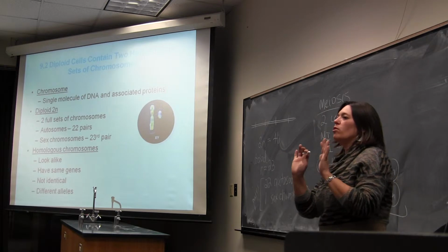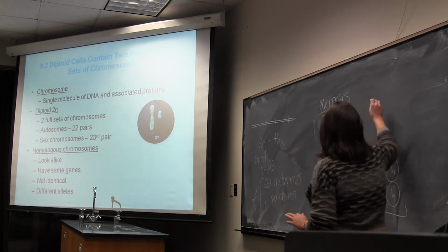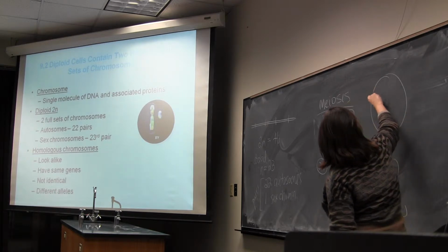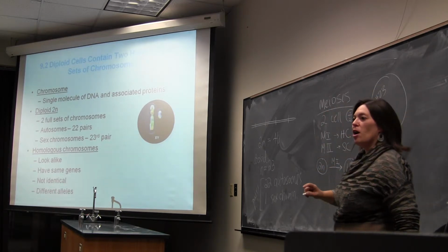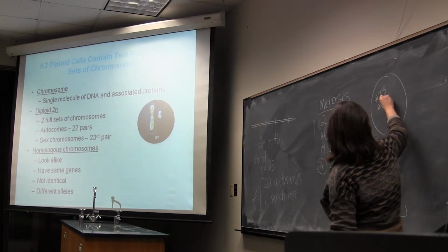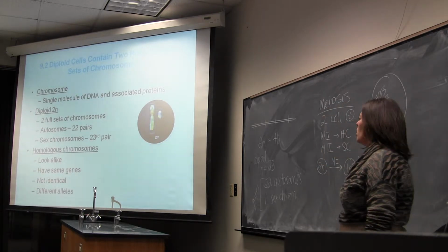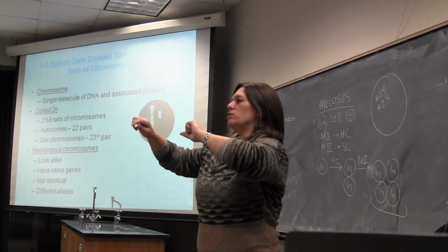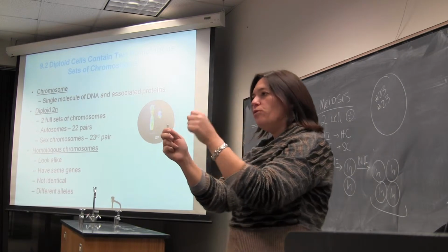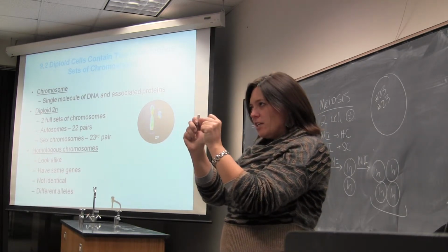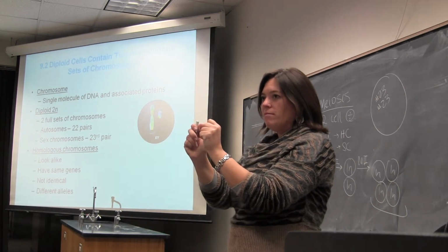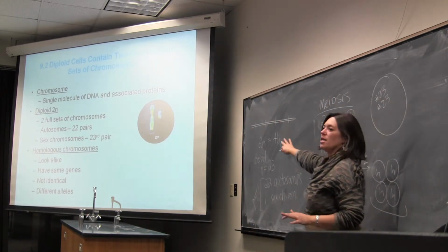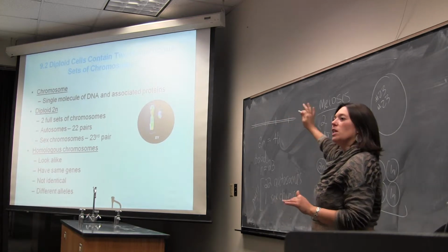And in those 46 chromosomes, remember we're starting with DNA from mom and dad. So that means we've got 23 chromosomes from mom and we've got 23 chromosomes from dad. Well, homologous chromosomes are going to be the same chromosomes but from different sources. For example, chromosome 2 from mom is homologous to chromosome 2 from dad. It's because they're the same chromosome. If they're the same chromosome, that means they have the same genes running along the length of it.